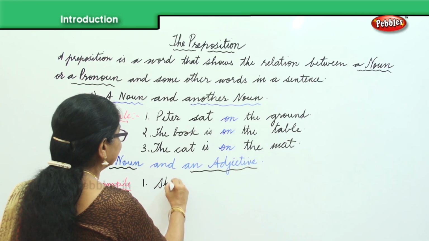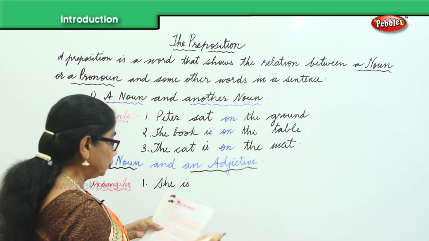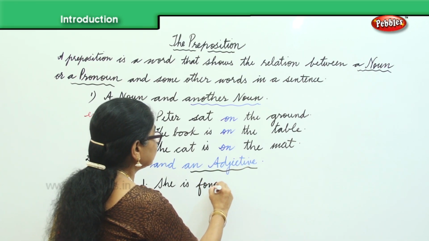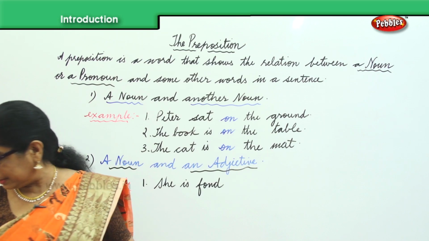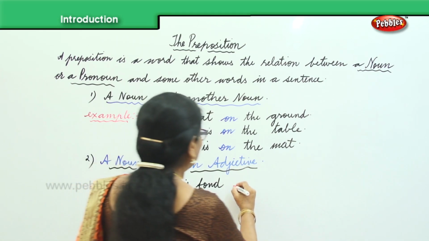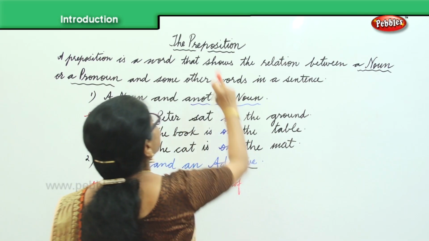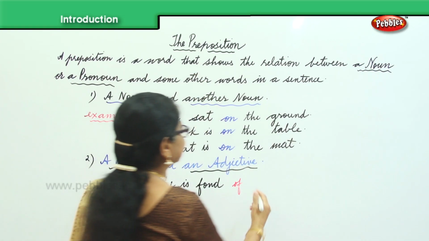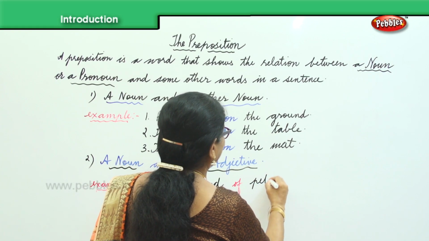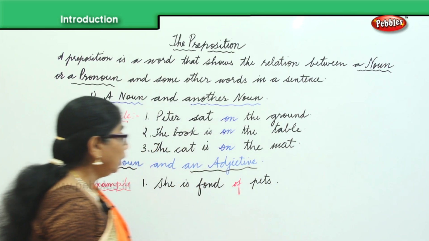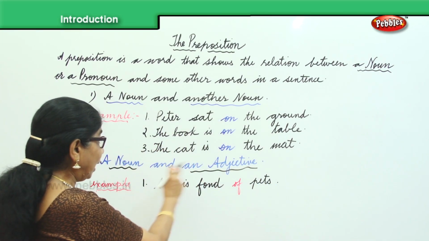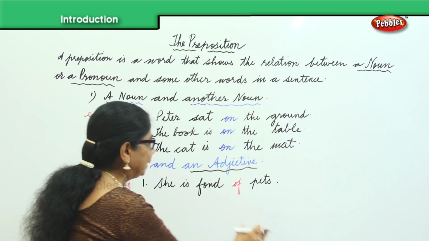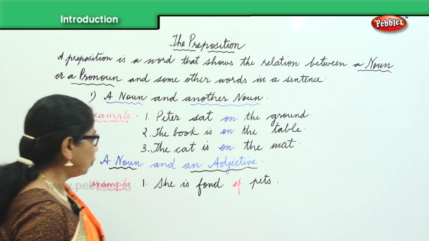She is fond of pets. Of is the preposition. Fond of pets. Pets. Okay. You have a noun and an adjective. It shows relation between a noun, pet, and adjective, fond.